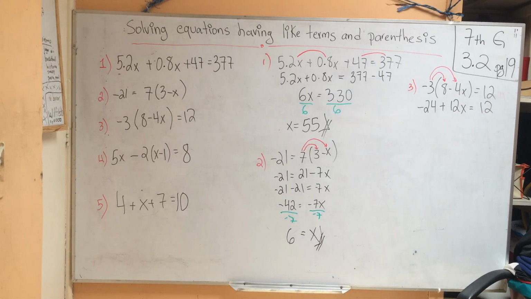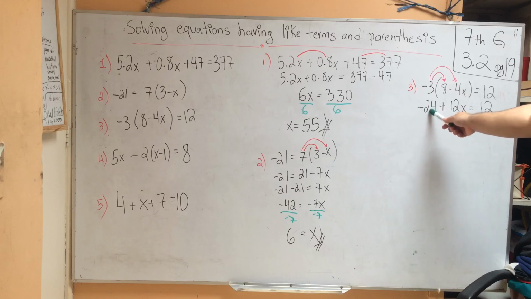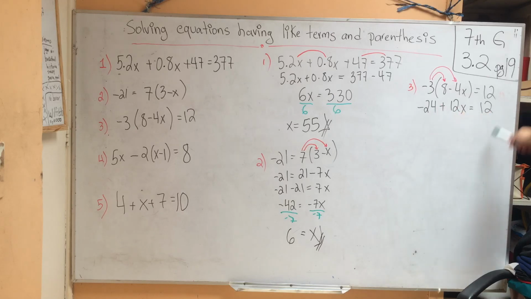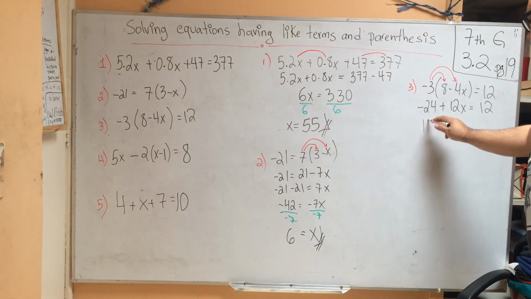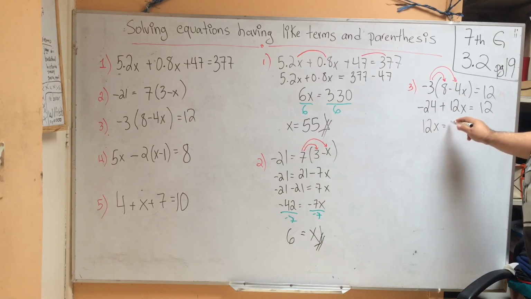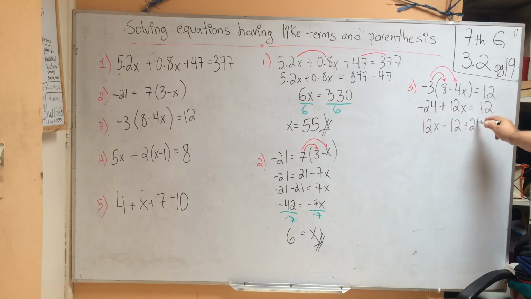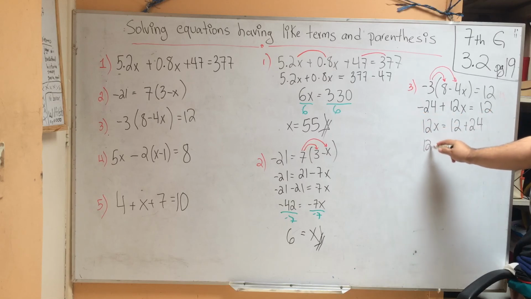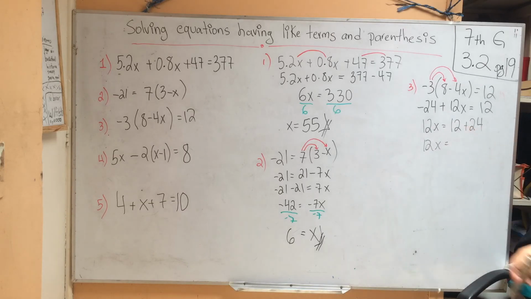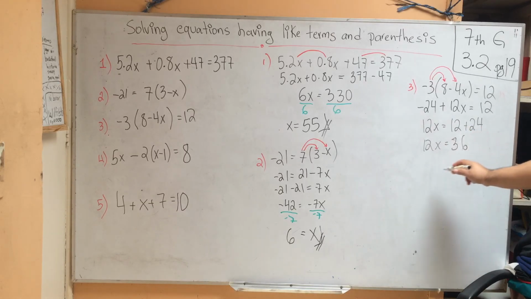Here we only have one number with a variable, so this one is going to stay here, and this one is negative. We're going to move it to the other side, positive. So we have 12x equals 12, negative becomes positive, 12 plus 24, 36.